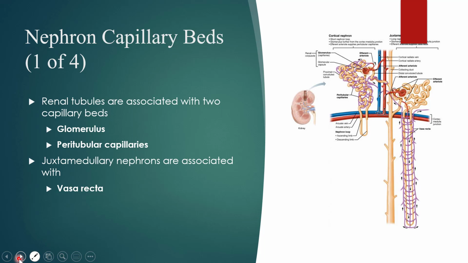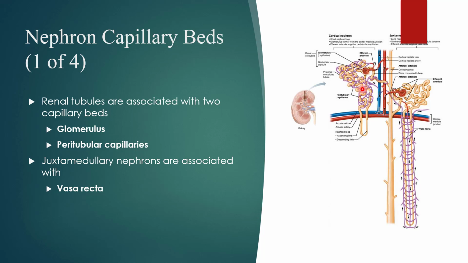So urinary tubules are associated with two capillary beds. I've been mentioning vasa recta and peritubular capillaries. What are they? Well, as our urine is filtered in the glomerulus, it goes right into the tubules. At some point, the body would feel that so much has been filtered through it, and they need to reabsorb back some of the things that were filtered, or else we're going to be dehydrated.